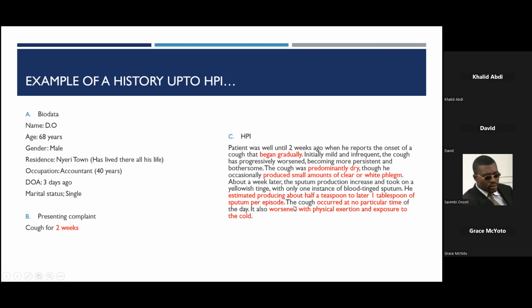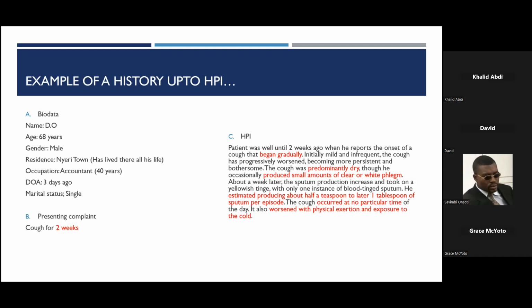So for that person who was asking about progression, who was it? I asked about that. Thank you. So you asked about progression. From this paragraph, what comment would you make about the progression? Would you say it's progressively worsening?